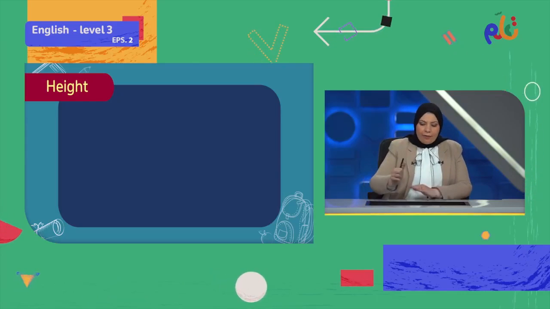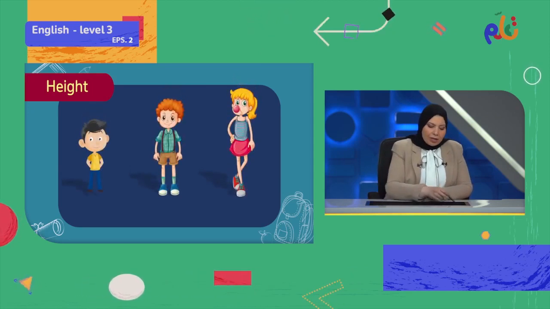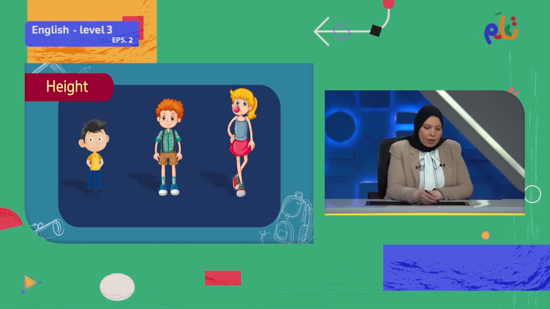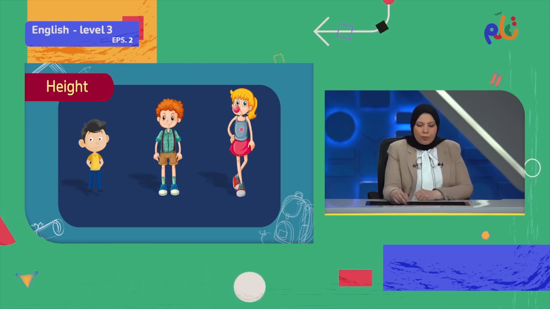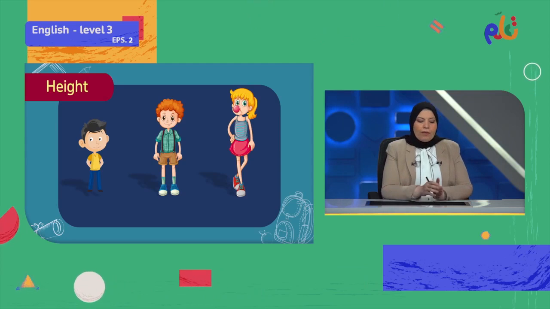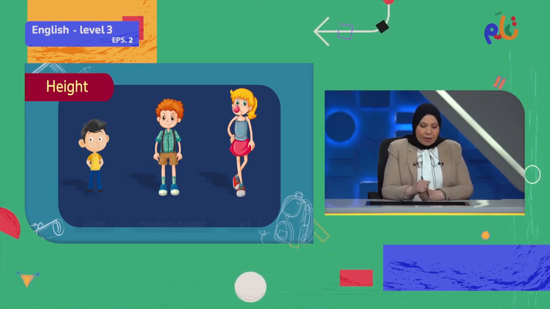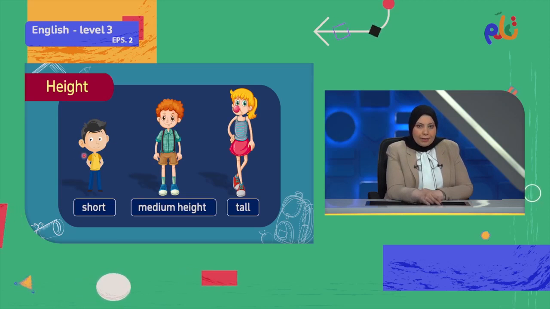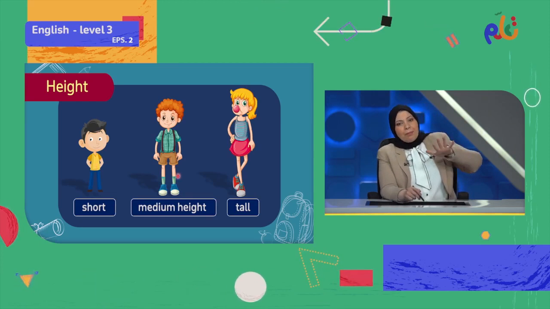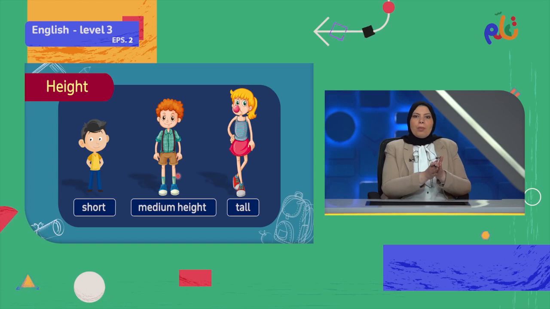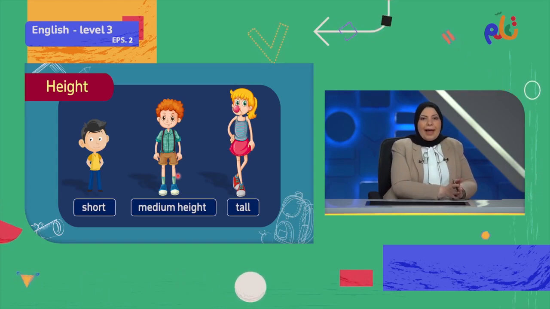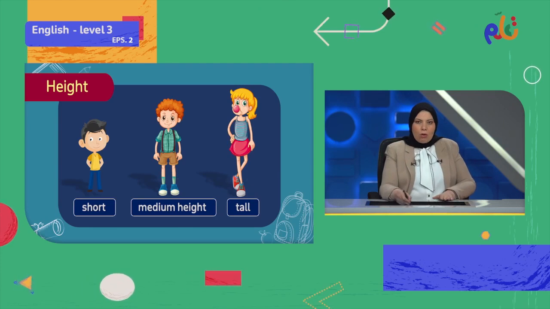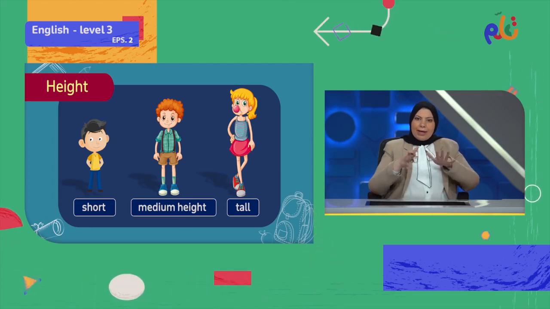Okay, the second thing we'll talk about is height. So for height, we have different words that can describe height. Let's look at the pictures here. We have 3 people. If I'm going to speak about the height, we have short for this one, and then we have medium height, not short and not tall, so medium height is in the middle.